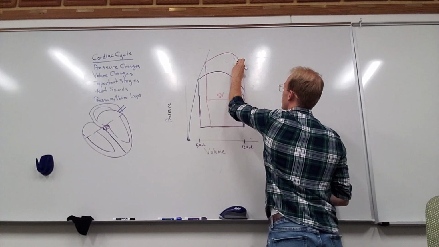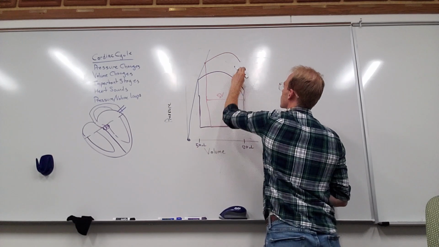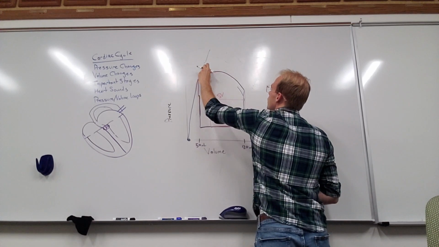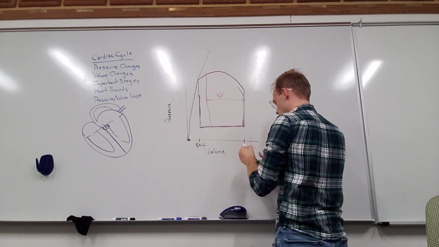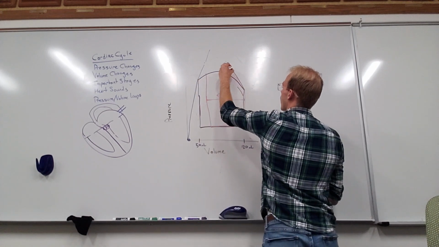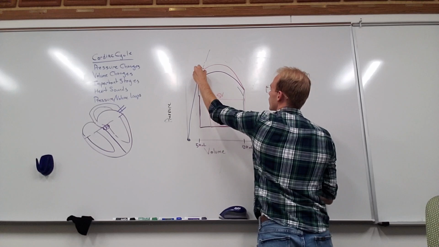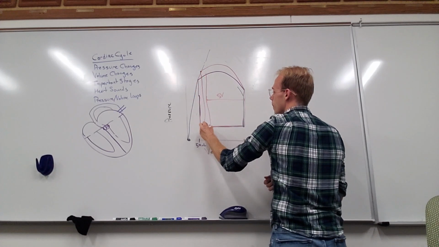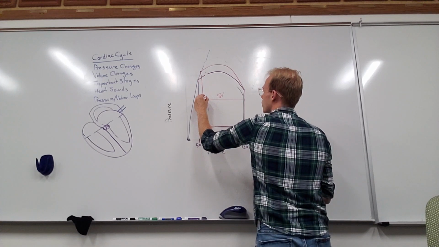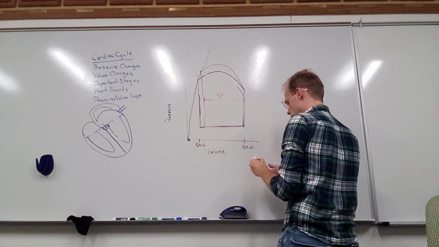Whereas if I decrease my afterload, still starting, same preload, I'm going here. Oh, sorry, that's not quite what happens. We're not increasing that pressure. We're increasing how high it gets. So it ends up getting like here. Stroke volume is now that.